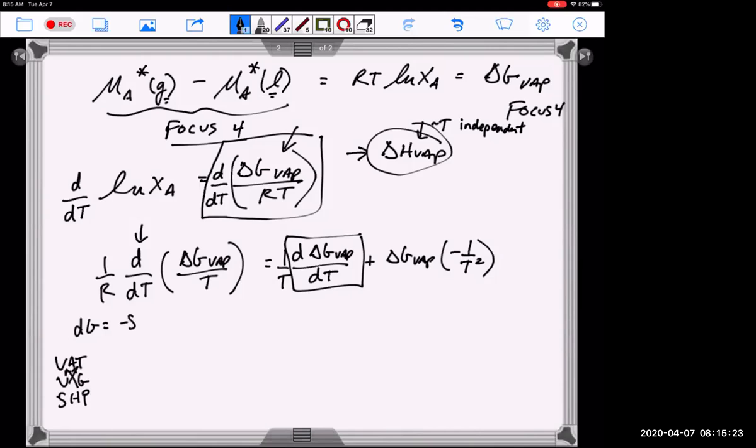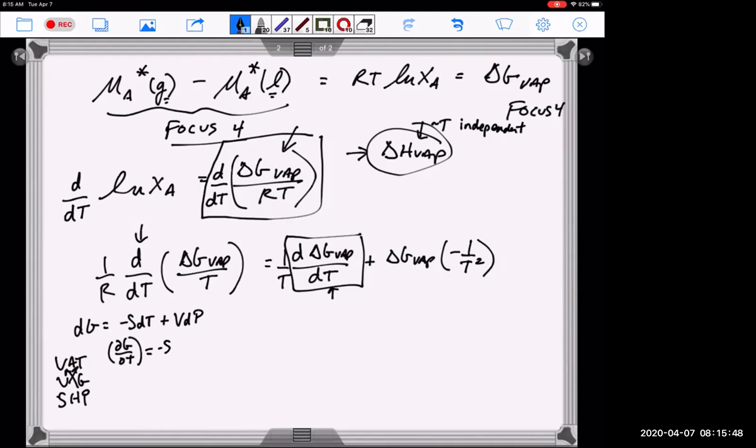So it's minus S dT plus V dP. And so that means that the partial of G with respect to T is equal to minus S. And that's what we have here.